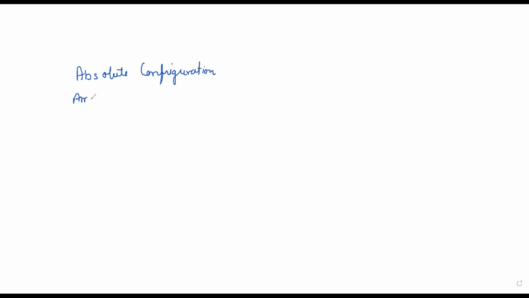So amino acids with a chiral center give two possible isomers, and these are called enantiomers.